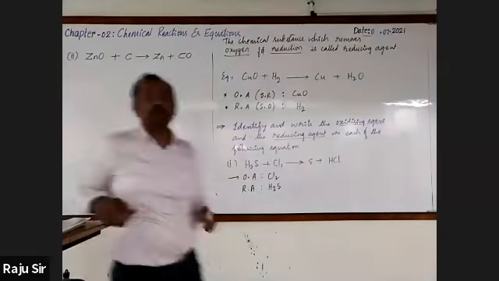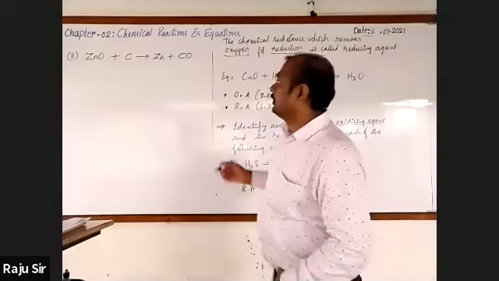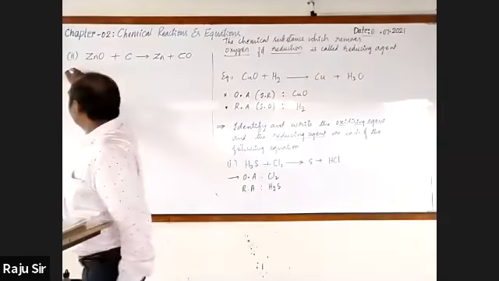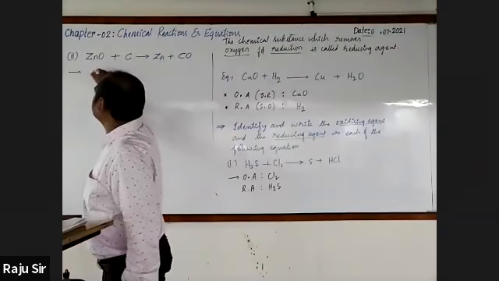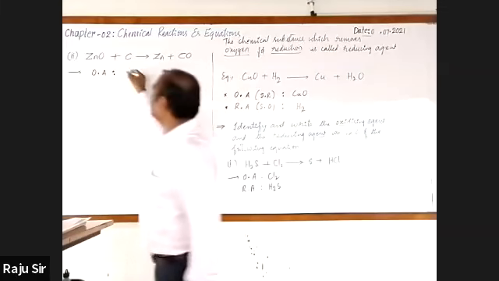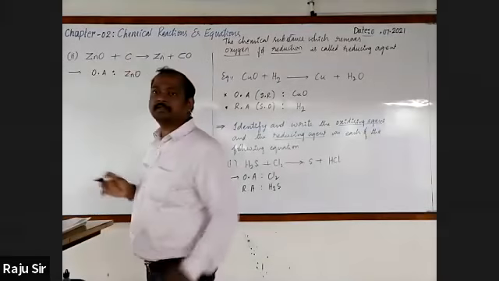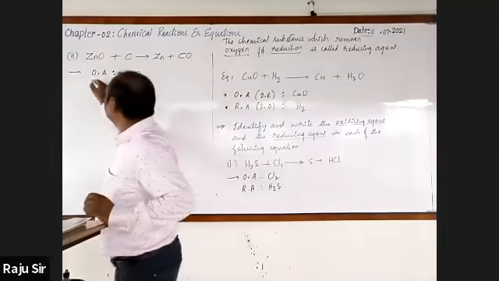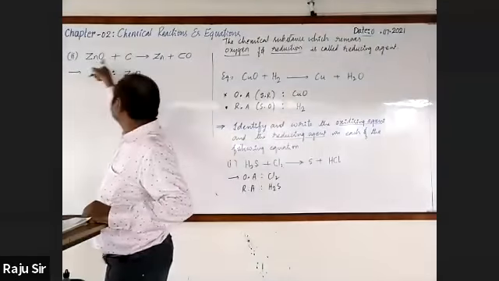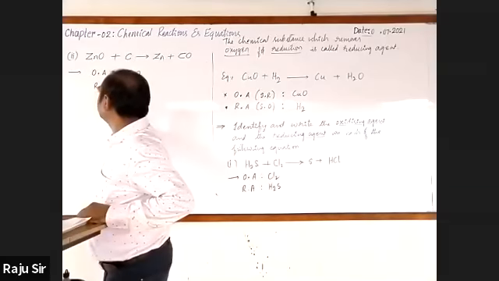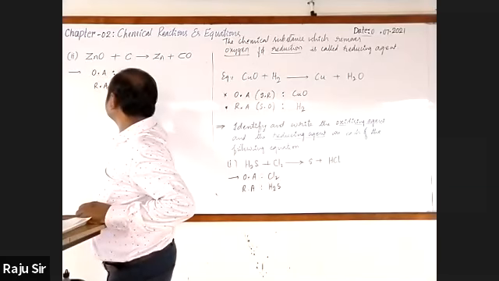Here, oxidizing agent is ZnO. It has oxygen. So directly you can write ZnO, oxidizing agent. And the oxygen present in it is removed by carbon. Therefore, carbon is called reducing agent.